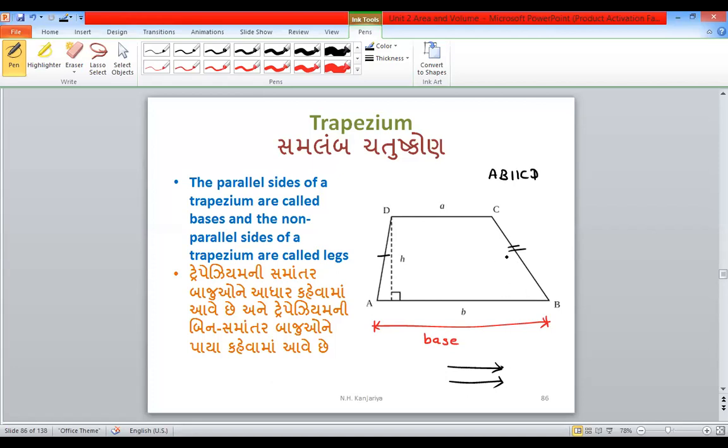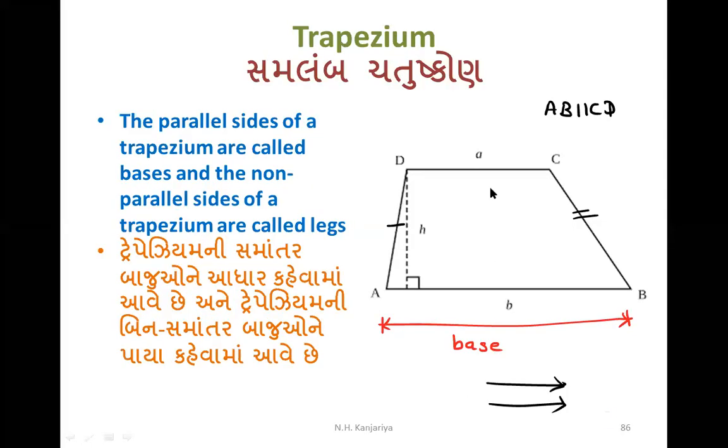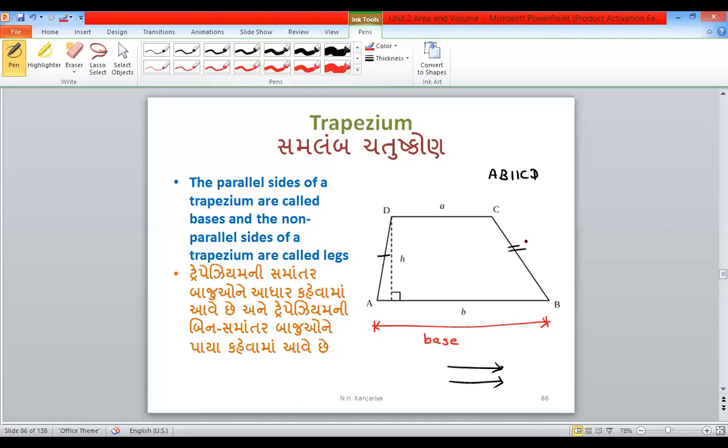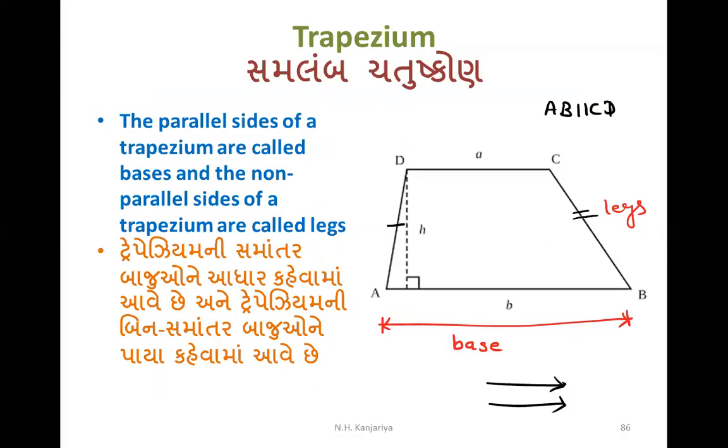So the lines that are not parallel are called legs. Both these sides are known as legs. It is just for your knowledge: a trapezium has one pair of parallel sides and another two sides that are non-parallel. The parallel sides are called the bases, and the non-parallel sides are known as legs. Remember this.